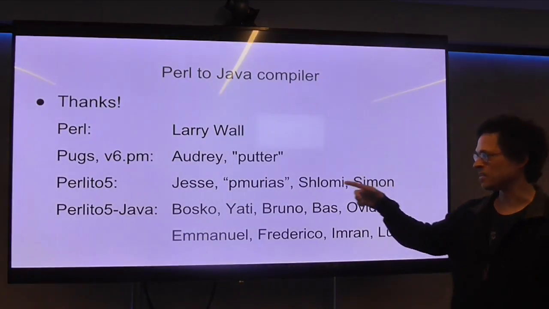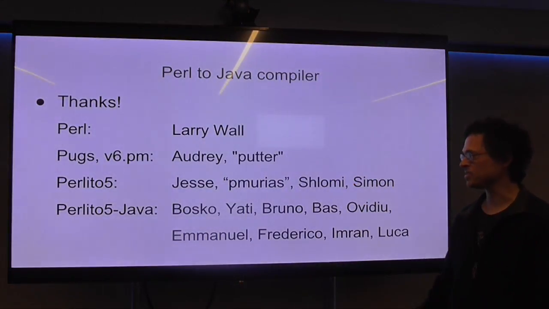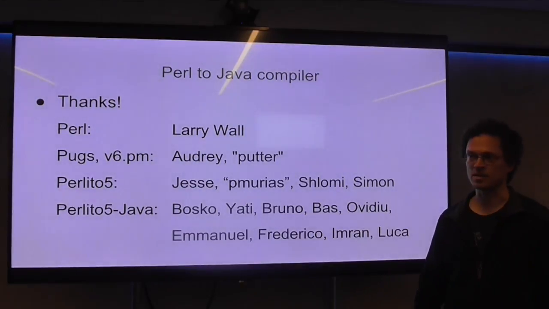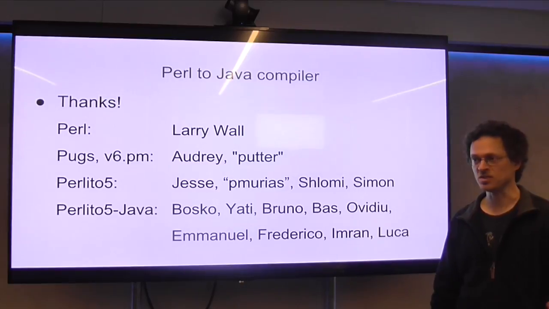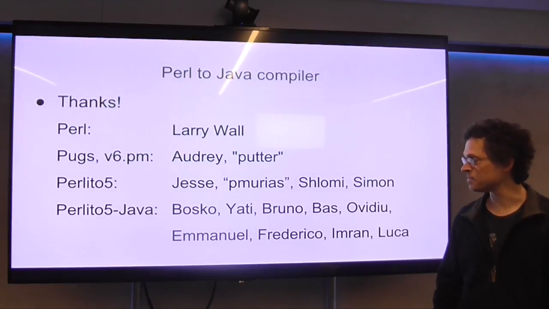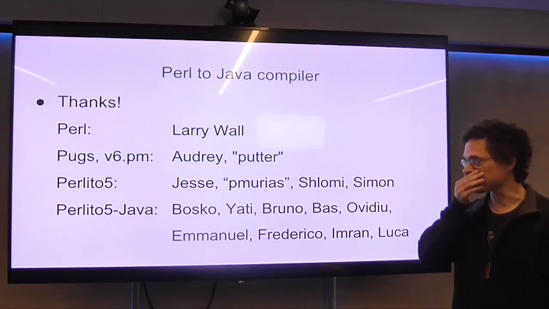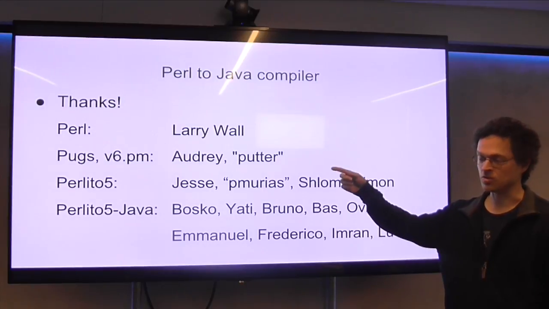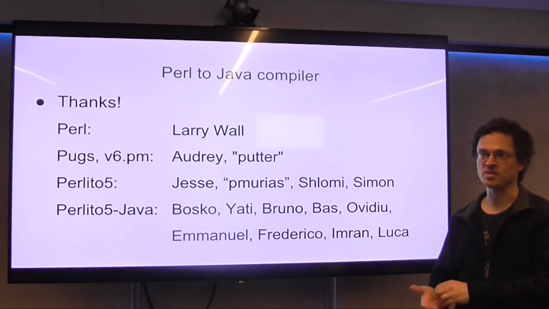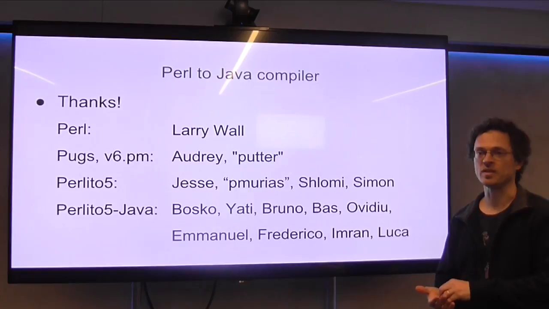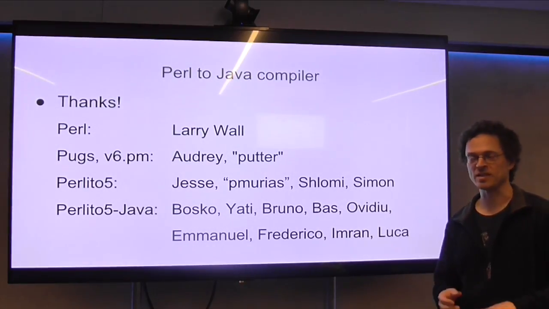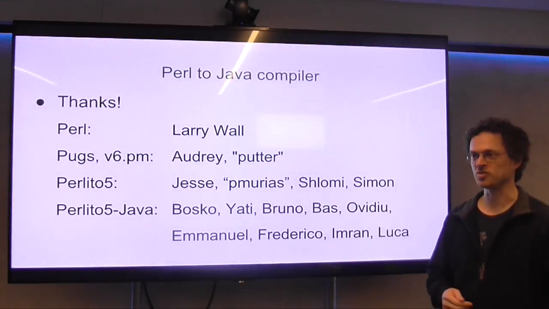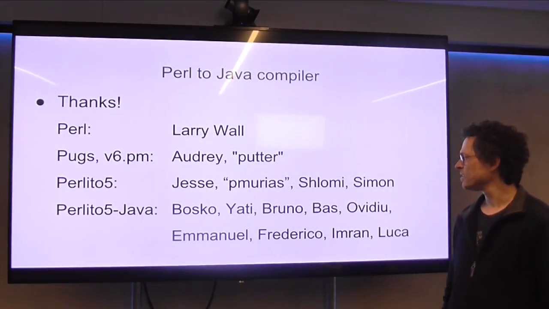A few years later I met Jesse at a conference, and we discussed how Perl could work on JavaScript or other places, and I ended up rewriting the code we already had in Perl 6 as a Perl 5 compiler. So this was kind of a strange compiler that had half the code in Perl 6, half the code in Perl 5.